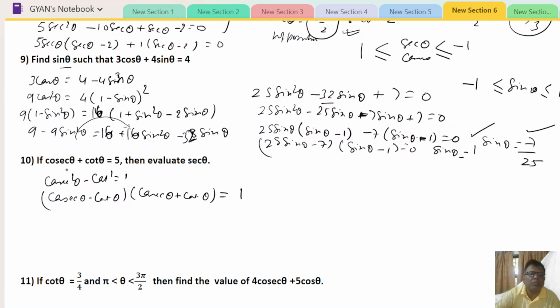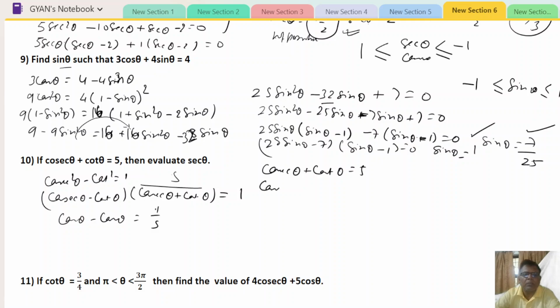Now we put cosec theta plus cot theta as 5, so cosec theta minus cot theta is equal to 1 by 5. That is already given. So now you have two simultaneous equations: cosec theta plus cot theta equal to 5, and cosec theta minus cot theta equal to 1 by 5.